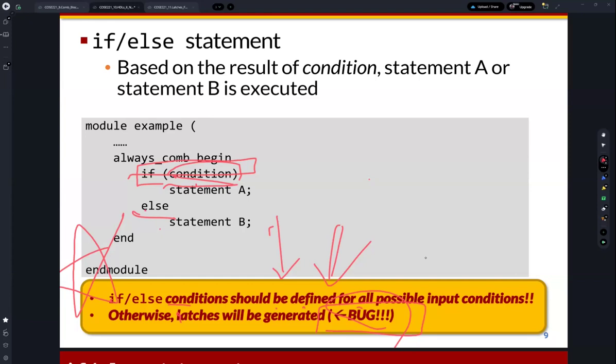Because software we can fix easily. If bugs are found in software, we can just catch the bugs and fix our code. But hardware is different. The hardware is a real VLSI product, right? So it's a real chip.